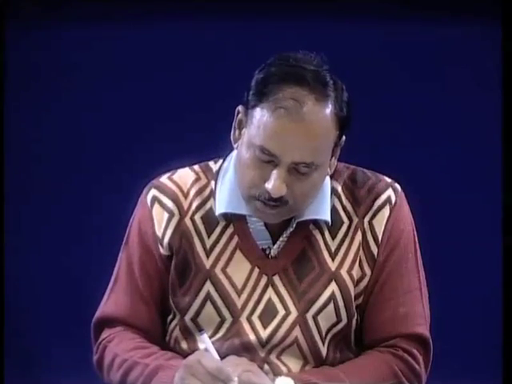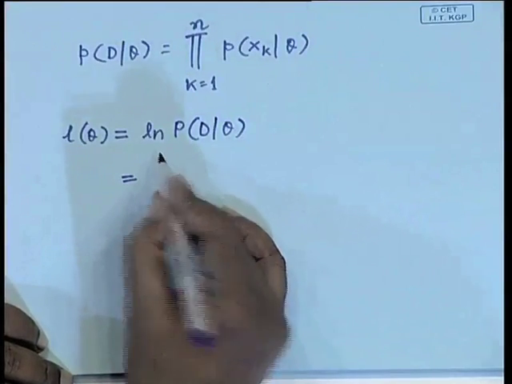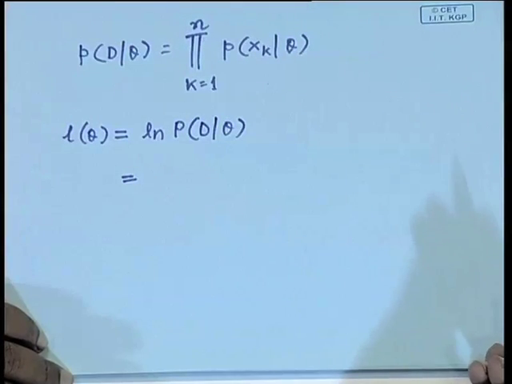I can define the log likelihood as L of theta, which is nothing but log of p of D given theta. Since p of D given theta is a product term, when I take the logarithm, it becomes a summation term.